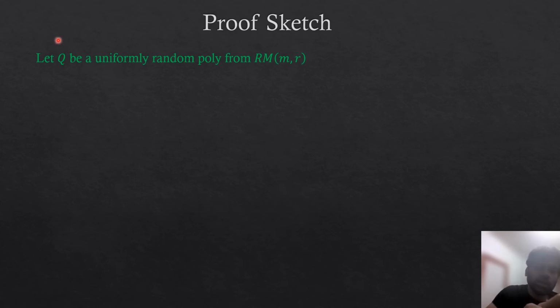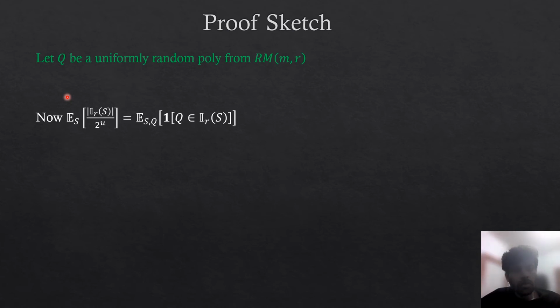So now that we've decided to work with this proxy, let's see how the proof goes. Here we are going to choose q to be a uniformly random polynomial chosen from RMMR, the space of degree r polynomials, and then we are just going to lend ourselves to the magic of conditional expectations and linearity of expectation. So one way to measure the fractional size of this space IRS is to throw a random polynomial q from these 2 power u possible polynomials and ask whether q is in IRS, right?